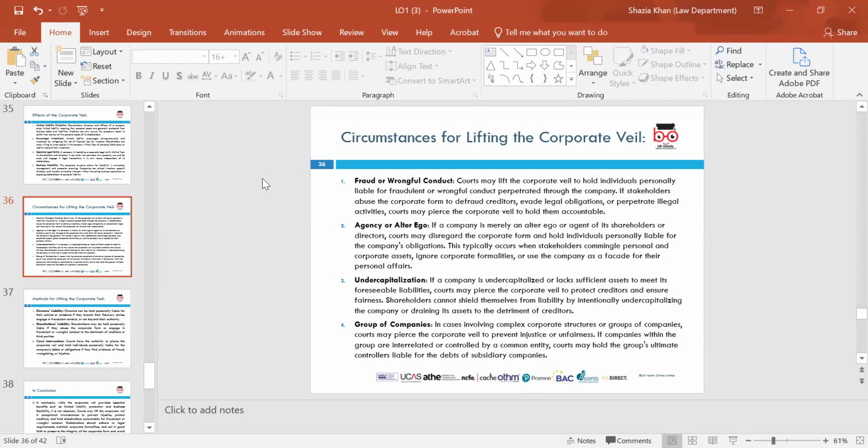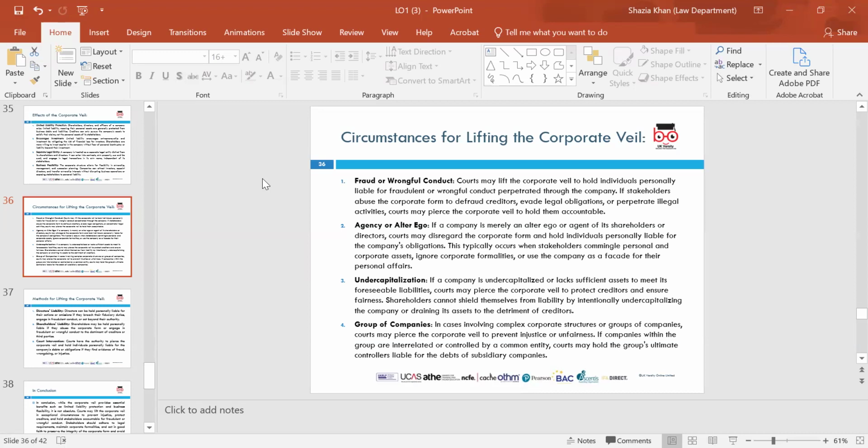This typically occurs when the stakeholders commingle personal and corporate assets, ignore corporate formalities, or use the company as a facade for their own personal affairs.